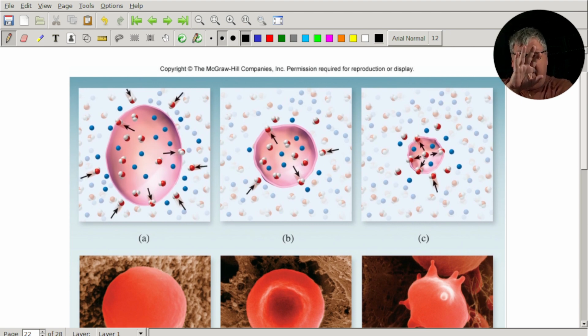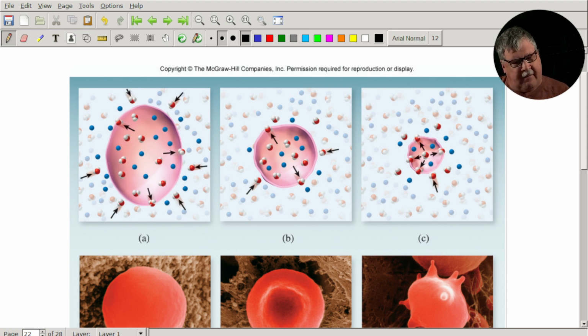And this is something you have to think about if you're injecting solutions into patients. All right. If you give an IV to a patient that does not have roughly the same concentration of solute particles that is naturally in the blood, you can cause problems with regard to red blood cells.